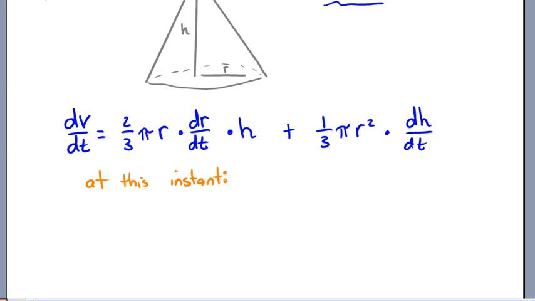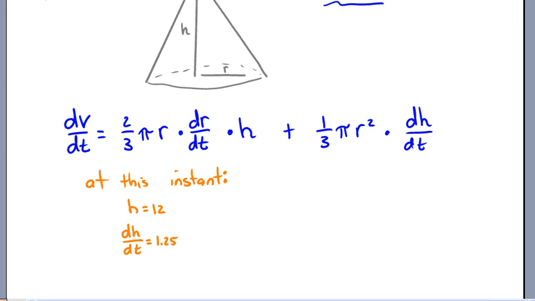Okay, this one little moment we're trying to catch. It looks like they're telling us that the height at this one moment, just reading through the problem here, the height's going to be 12. And then the speed at which the height is changing, the dh/dt, now they've told me that there is 1.25.